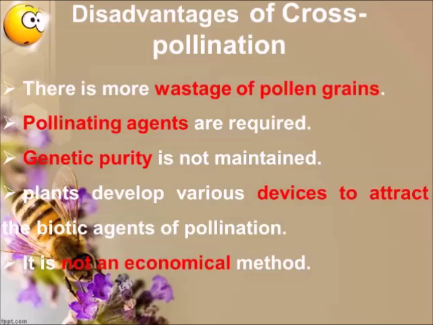Unlike self-pollination, pollinating agents are required to transfer pollen grains from the anther to the stigma. Plants also develop several devices to attract pollinating agents, like they produce scent, nectar, and petals are brightly colored, large, showy, etc. Cross-pollination is not at all an economical method.